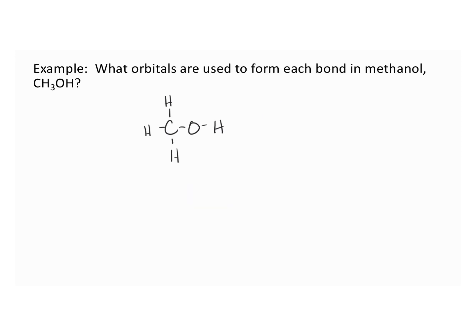Let's say you have a question that says, what orbitals are used to form each bond in methanol, which is CH3OH? The first step here is to determine the hybridization of each atom. So I'm going to look at carbon, and carbon here has 4 groups.